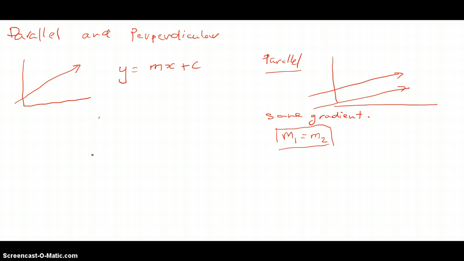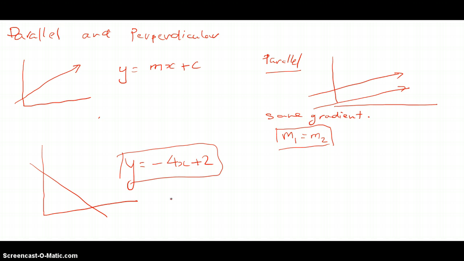So let's just say, for example, if I was going to compare the graph y is equal to minus 4x plus 2, a line that would be parallel to this line would be, for example, y is equal to minus 4x plus 4.